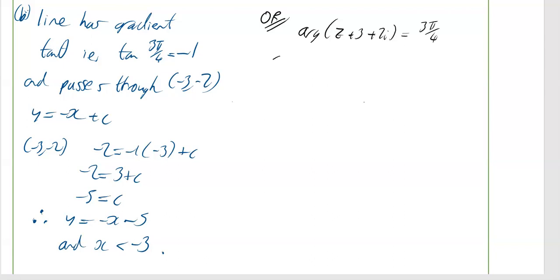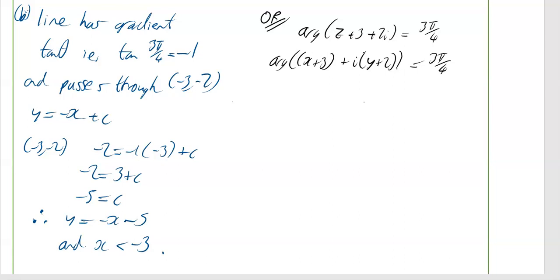Now we're going to use the fact that z is the same as x plus iy, so we're going to write that as x plus 3, so I've grouped the real parts, and then plus i times my y, my imaginary parts, which are y plus 2, is equal to 3 pi over 4.